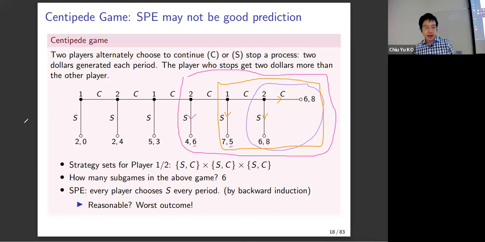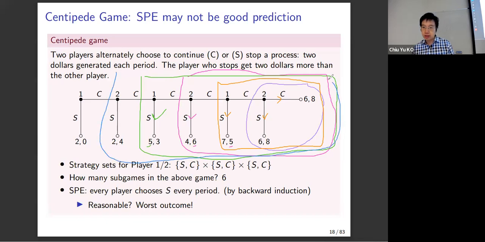Now go back one step backward. Player 1 is choosing, and player 2 will stop anyway. So player 1 will choose stop, which gives him 5, versus continue, which gives him 4. So he will choose this one. And go back further, player 2 is choosing either 4 or 3.